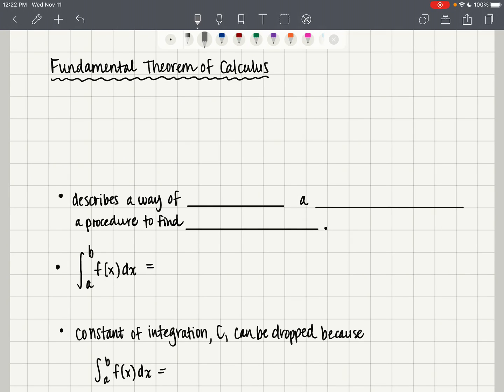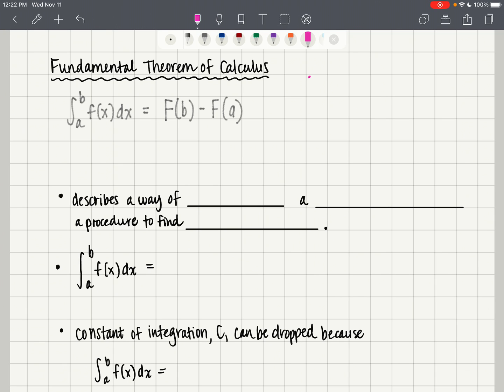Moving on to the calculus, the fundamental theorem of calculus says the definite integral evaluated from a to b of f of x dx is equal to capital F of b minus capital F of a.